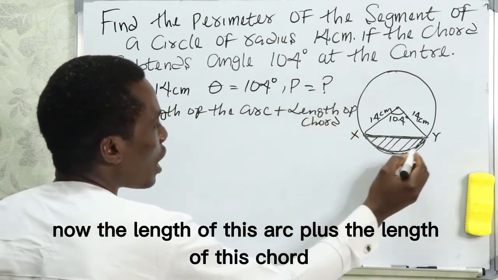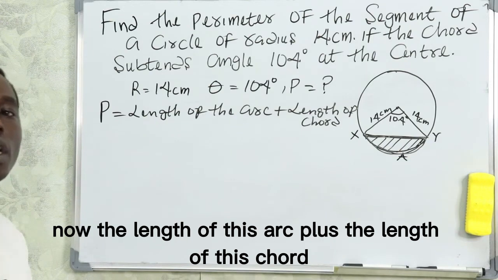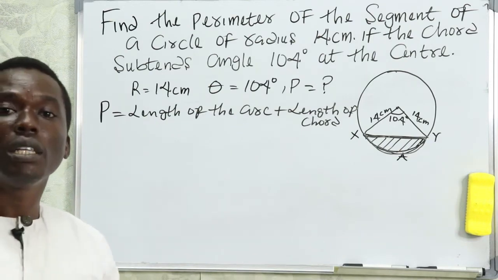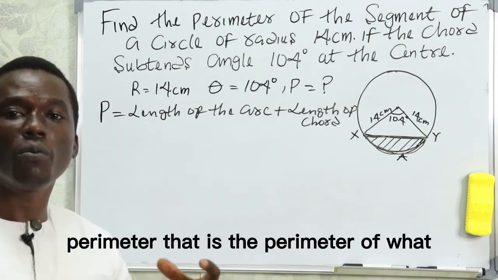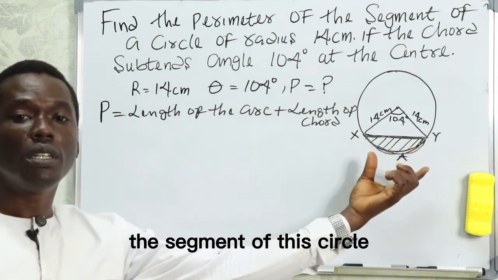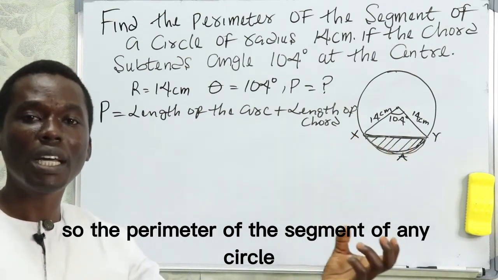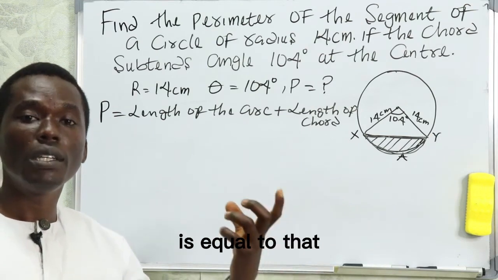The length of this arc plus the length of this chord is the perimeter of the segment of this circle.